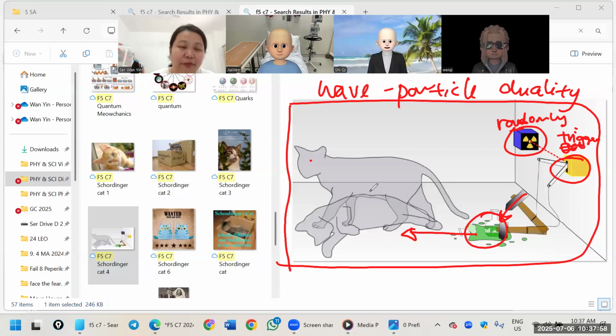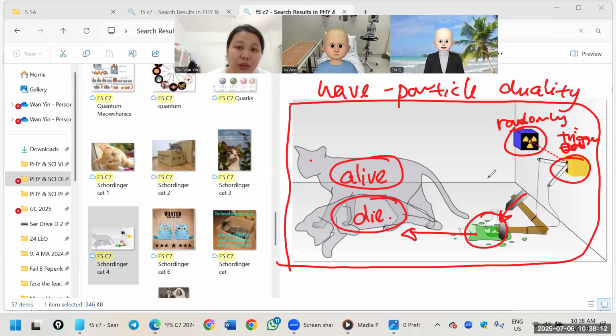So before we open the box, the cat could be alive and could be dead. So before we observe it, it could have two conditions. So we say it's a duality inside. Then when can we know when it is wave, when it is particles?